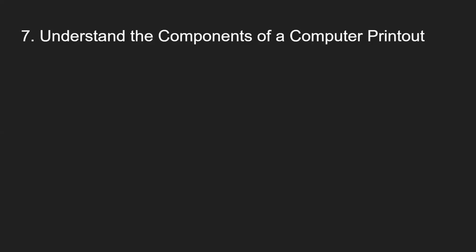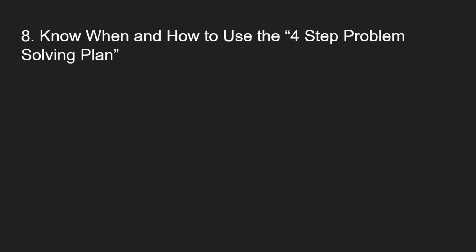So as you go throughout the year, you're going to have different examples that have computer printout snapshots, like a screenshot of what a computer output would be. And you're going to have to understand how to interpret what it's saying, because the computer printouts have abbreviations and different things. So when you come across them and you're taught what those different components mean, make sure you know that. Make sure you understand that.